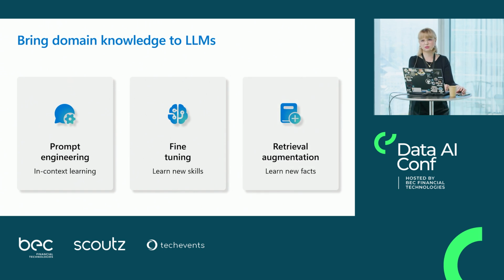And now when we think of, okay, how to bring domain knowledge to LLMs, so the use case that I said at the beginning, the most common use case. One thing, we can build prompts and do prompt engineering. Second thing, we can do fine-tuning. Fine-tuning is retraining the models on the data sets. There is also a special pattern which is called retrieval augmented generation.